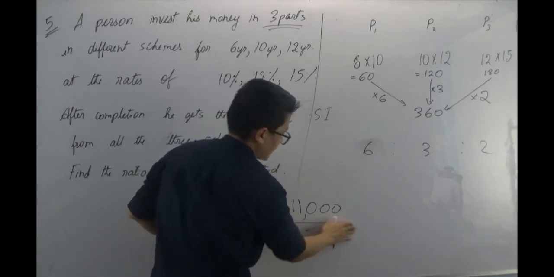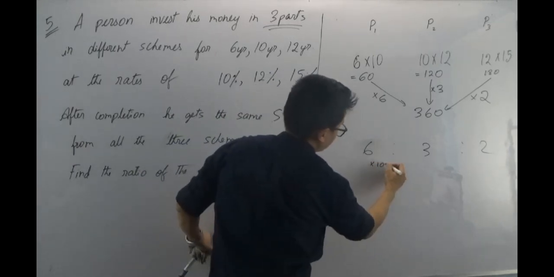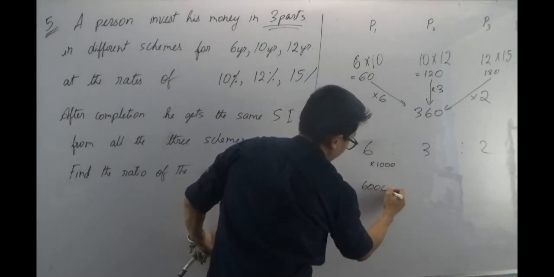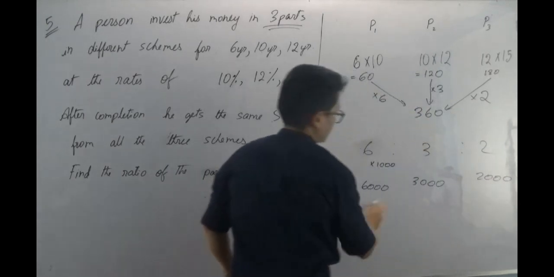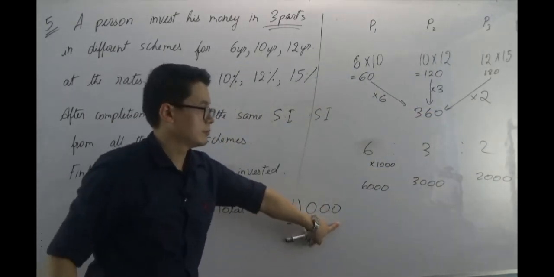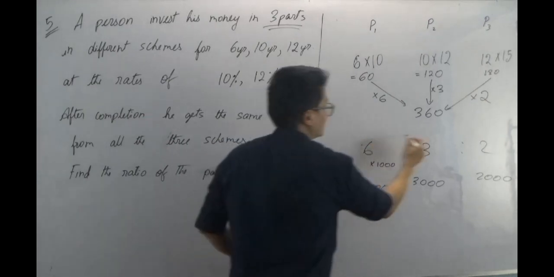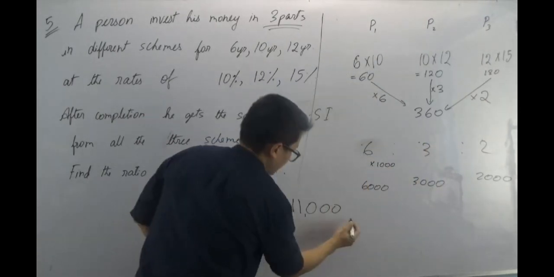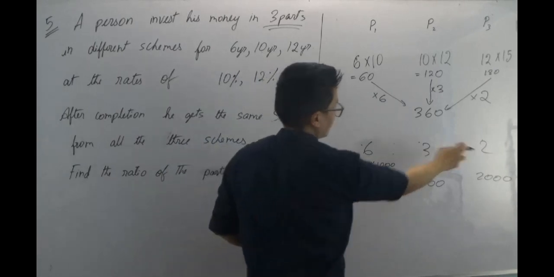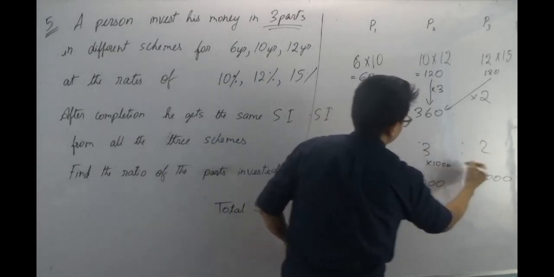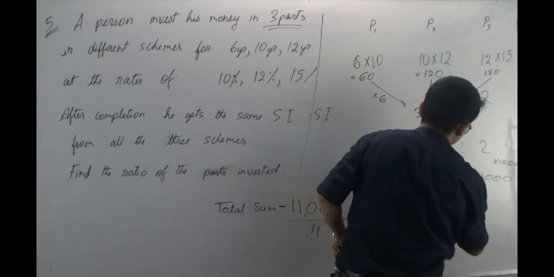Divide 11,000 by 11 to get 1,000. Multiply by 1,000 and you get 6,000, 3,000, 2,000. So simple as that.